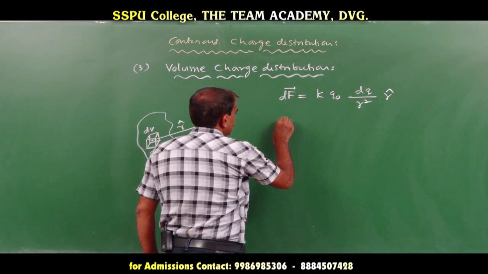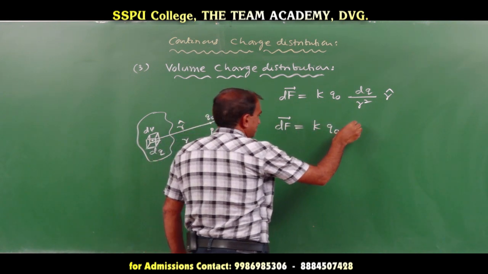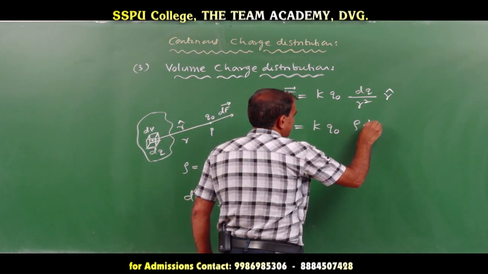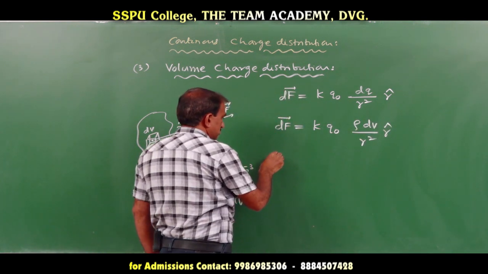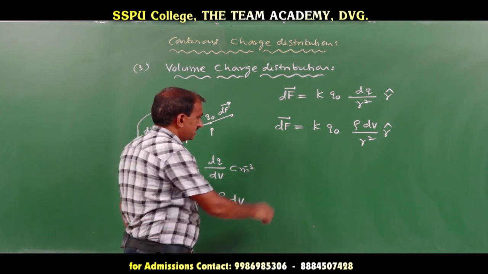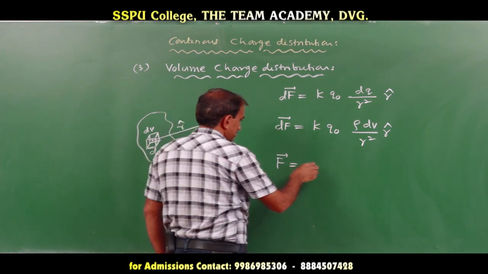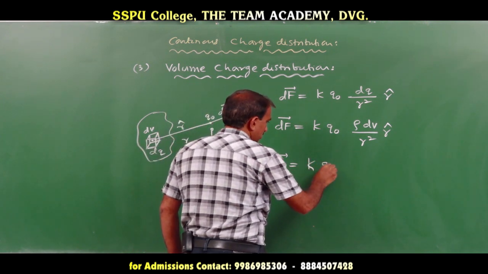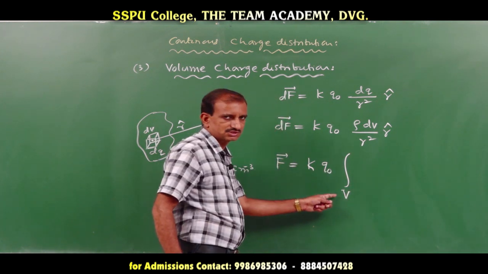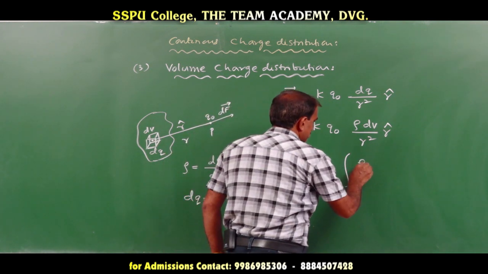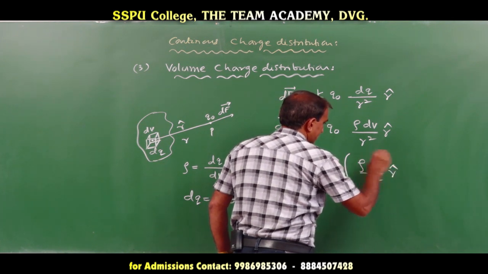So, therefore, dF is equal to K into q naught into dq, equal to rho into dV divided by r square into r cap. Now it can be written as the force F on the charge q naught is K into q naught, integration over V, that is the volume integral, of rho into dV divided by r square into r cap.